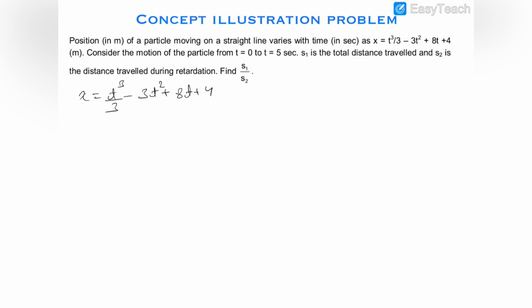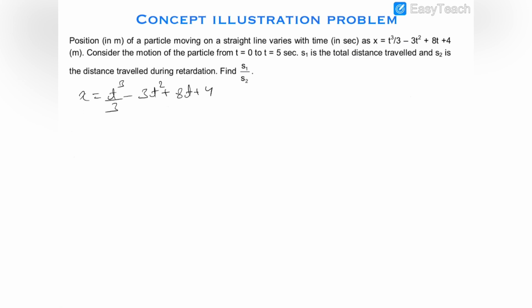We have to consider the motion from t equal to 0 to t equal to 5, and in this duration s1 is the total distance traveled and s2 is the distance traveled during retardation. So we have to find s1 upon s2, and we'll also be finding the displacement.